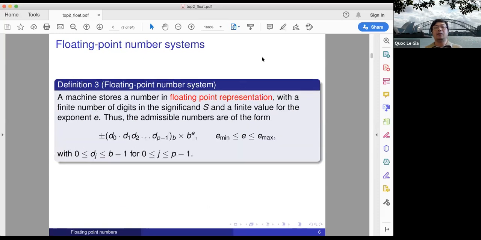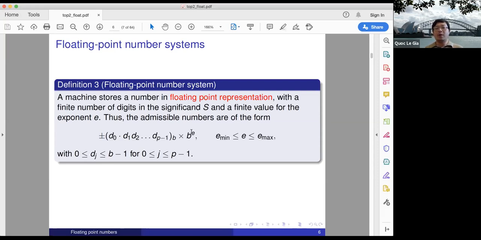So you can see that now the number of digits is limited. It cuts at p minus 1, so you have only p digits, because everything is finite inside the computer.